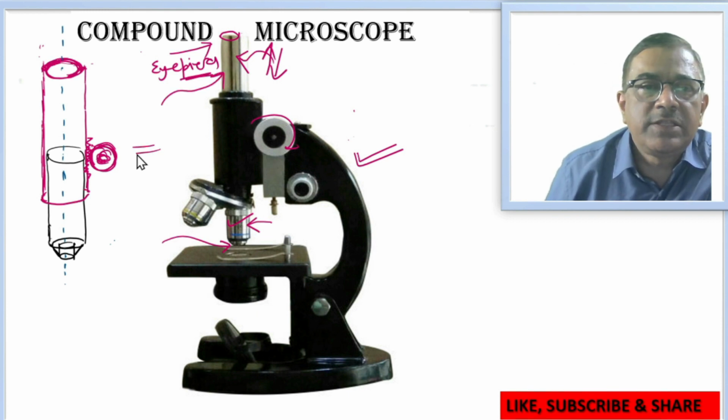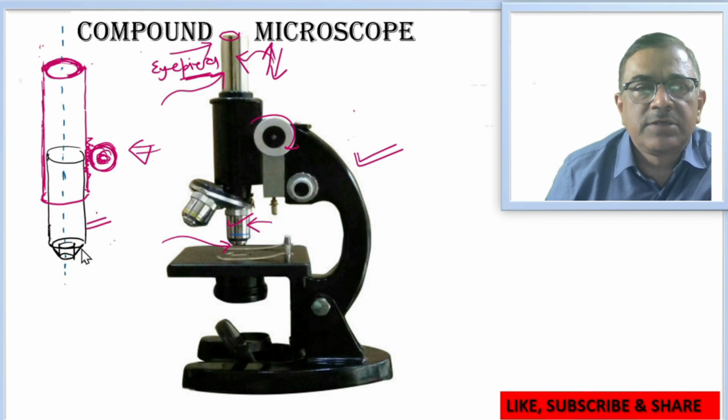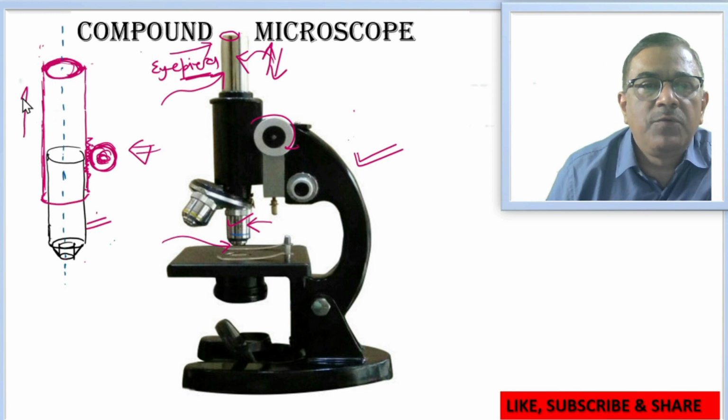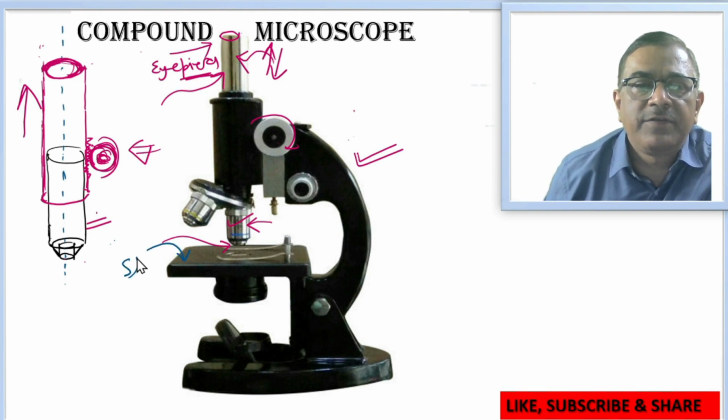You should also see this adjacent diagram. Both the tubes are coaxially placed. The lower tube containing the objective lens is fixed, while the upper tube containing the eyepiece can be moved up and down with the help of this screw shown over here. This platform is identified as a stage.